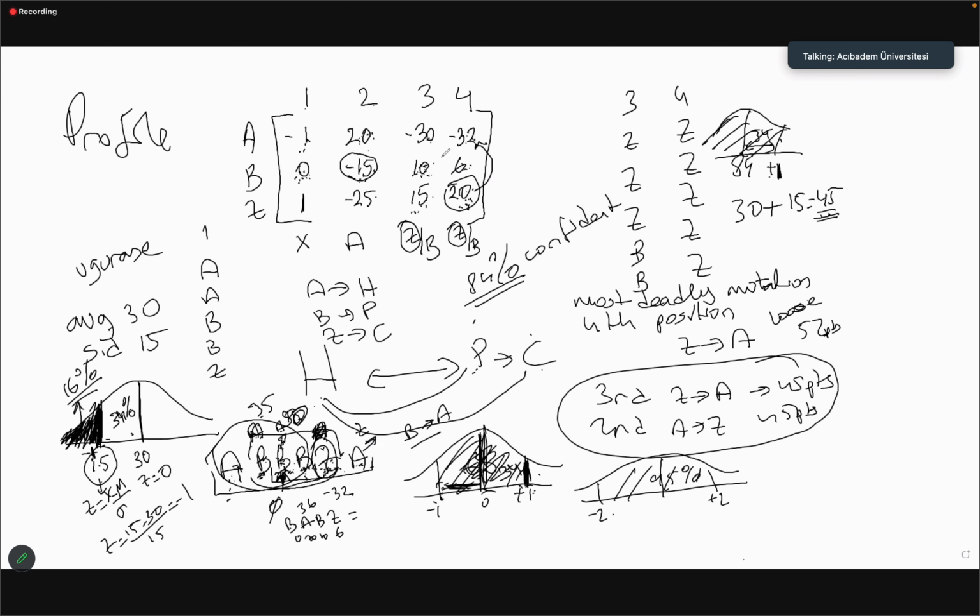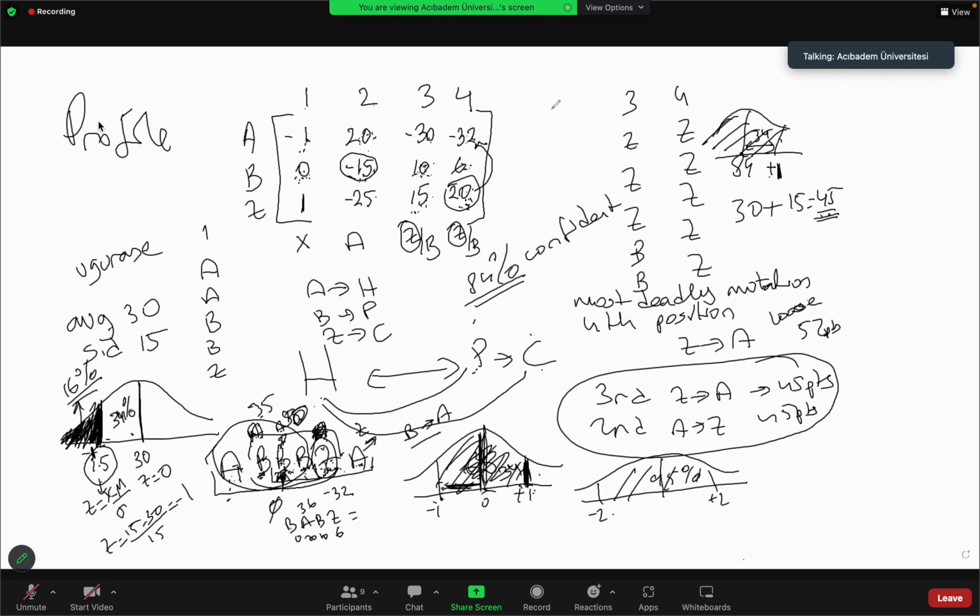So how can you get a profile score of 45? The second position has to be A. And the third position can be B or Z. And the fourth position can be B or Z. So out of these, which one gives you 45? If this is 20, B or Z, 10, 15.